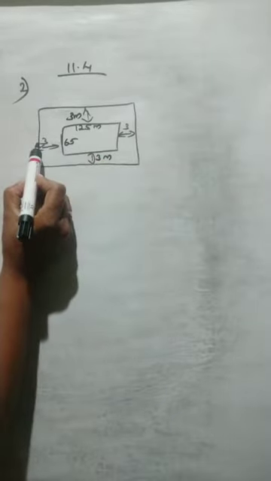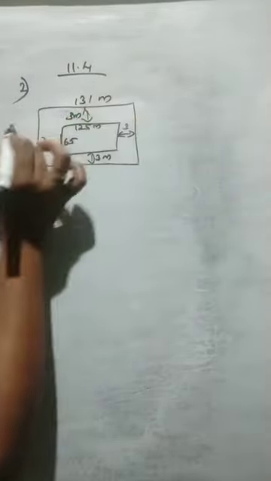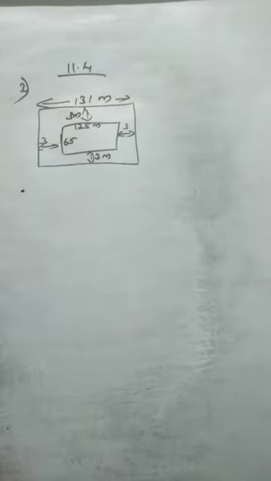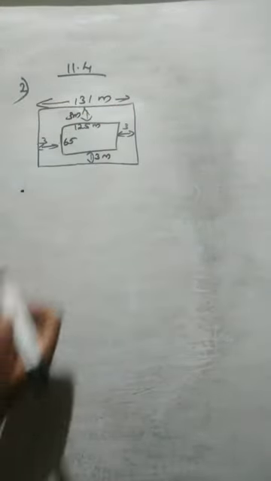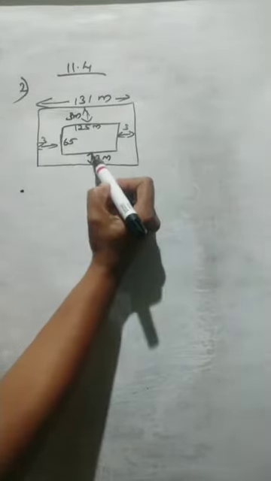Then plus 3 to here, plus 3 to here. Total 6. 125 plus 6 is equal to 131 meter. Also, here this one was 65. Now, they increased it to here. Then 65 plus 3, 68. 68 plus 3, that is 71.